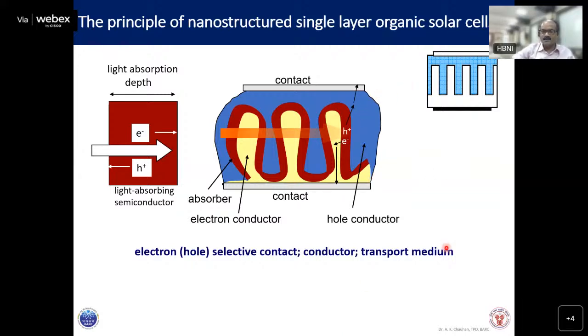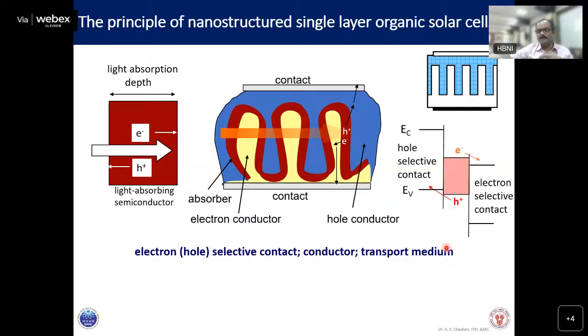And how do we select it? We select it depending upon the energy levels. So suppose we find a material which is also an organic material, and it has HOMO and LUMO levels, because in organics we are talking about HOMO and LUMO here.